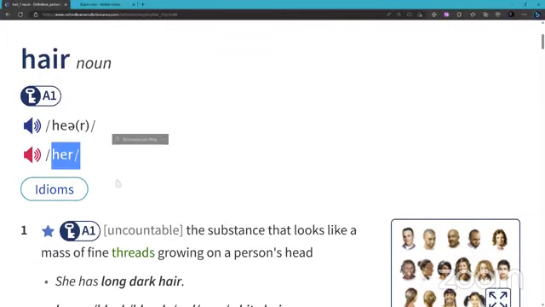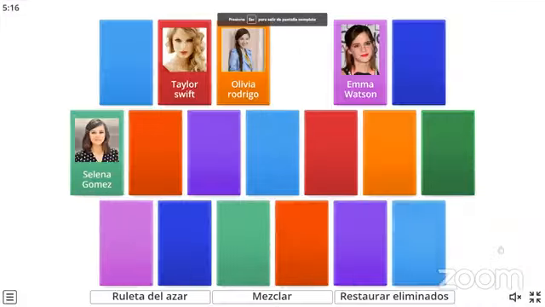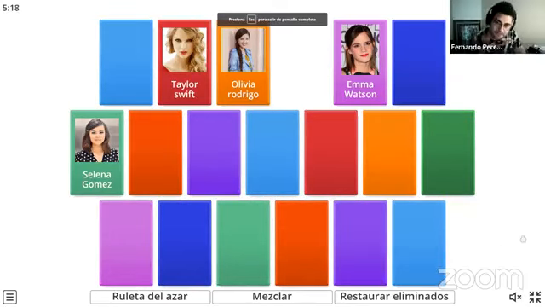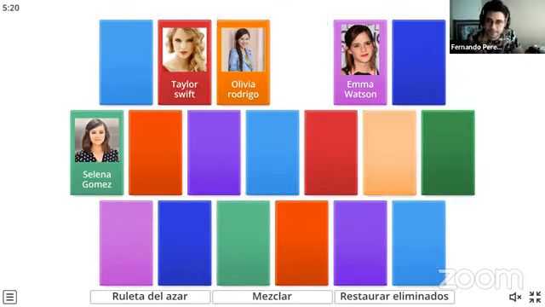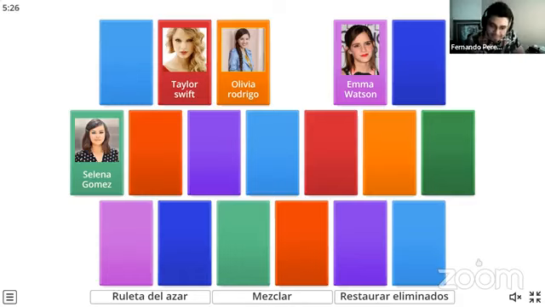Hair. Exactly, hair, so with the -ed, "haired." Okay. Repeat your question: is she black haired? Excellent question. Answer: she is not black haired.